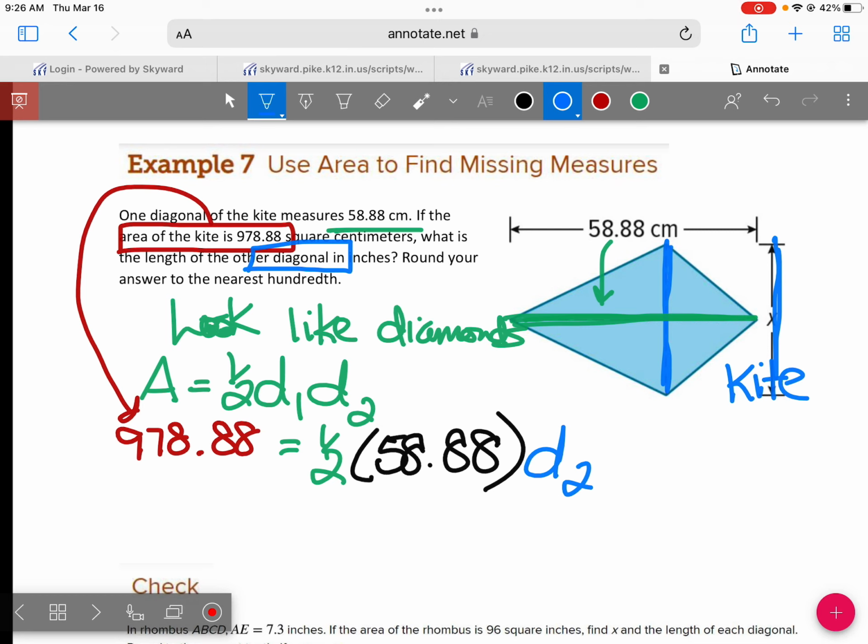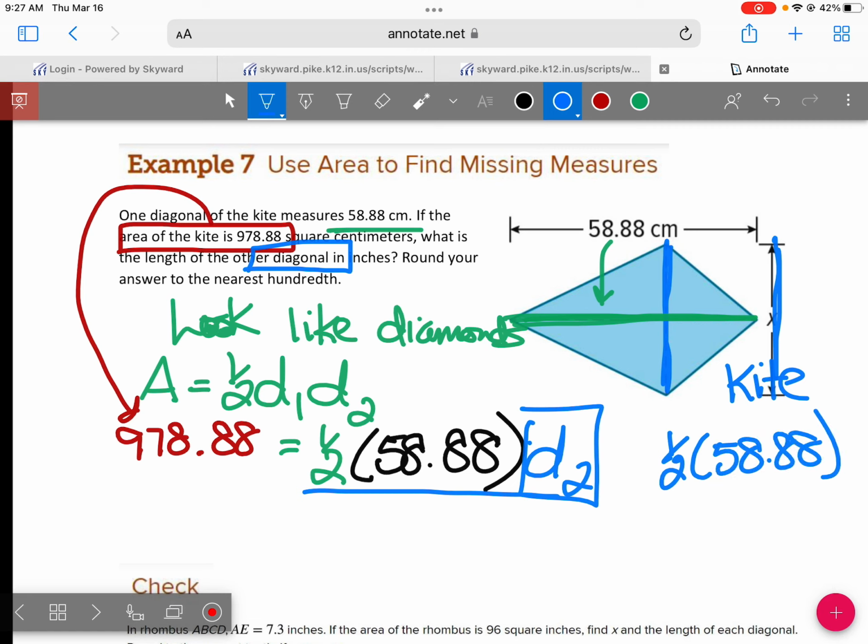Now, I want to get the length of this diagonal by itself. That means, since I am multiplying these other numbers by it, I want to divide, but guess what? We're going to solve and figure out what is half of 58.88 even before we start dividing.